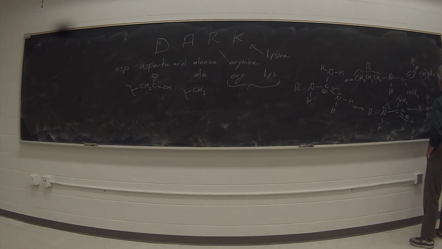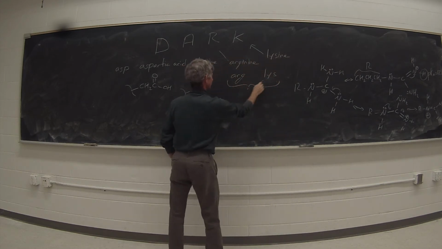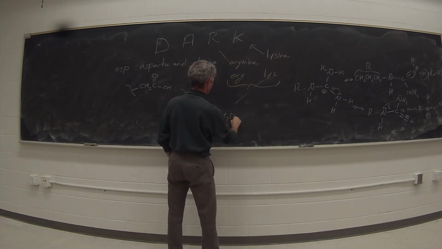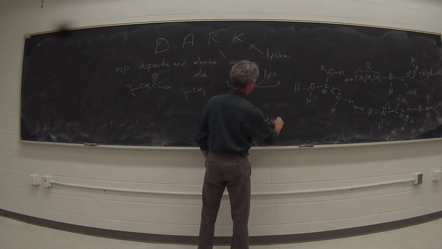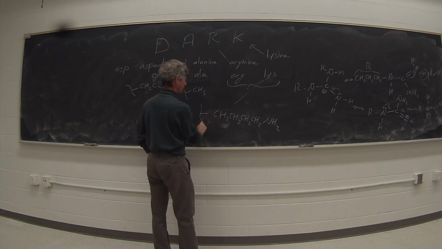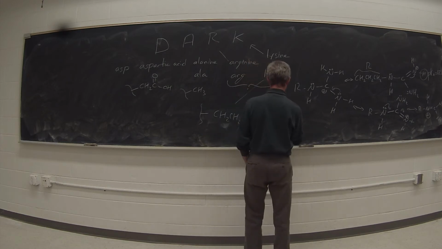Lysine also has a basic side chain. The lysine side chain has 4 CH2 groups. And then an NH2. It can also be protonated, but in this case, it's not resonance stabilized.